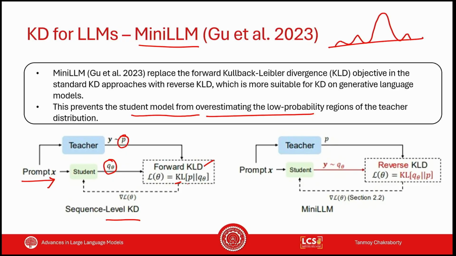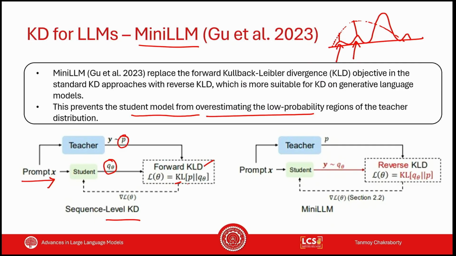This is your ground truth distribution. Now, if you use forward KL divergence, you see that the model will start learning a distribution like this. Now these are the low probability region, but the model overestimates this low probability region, right?